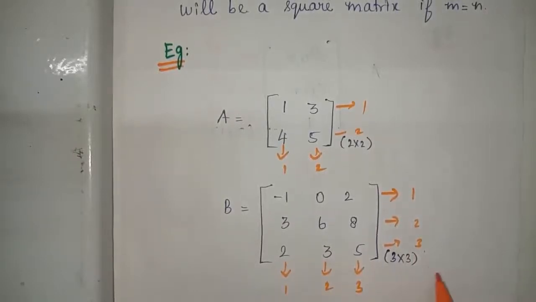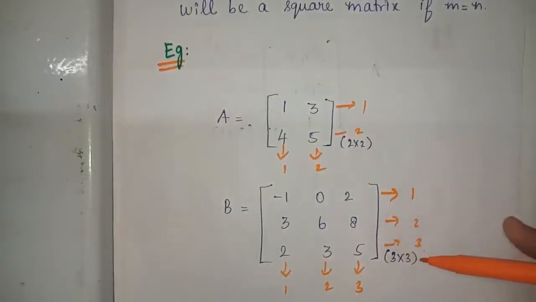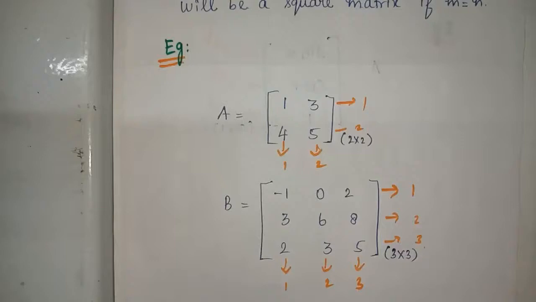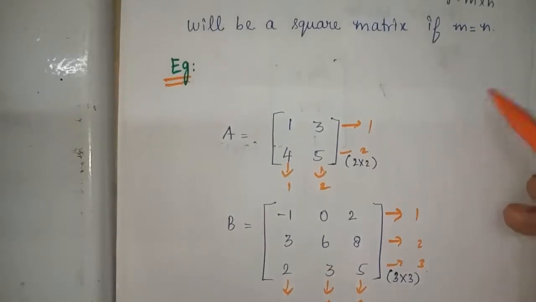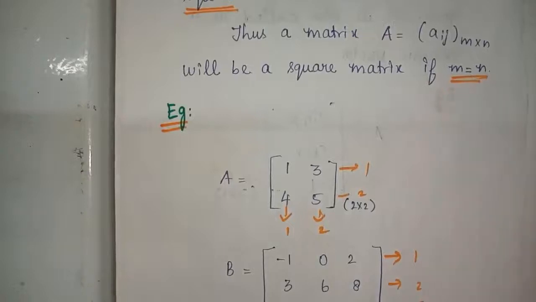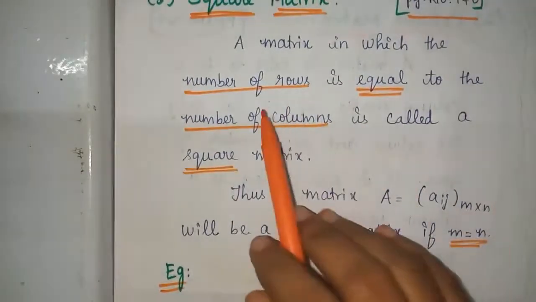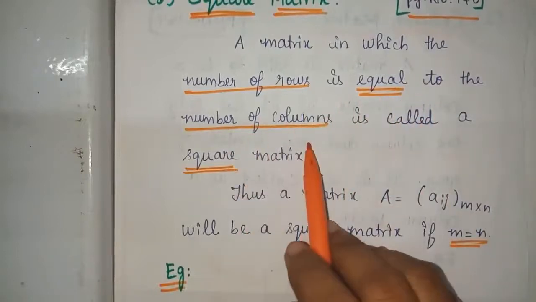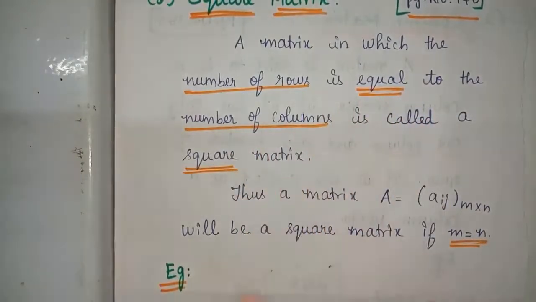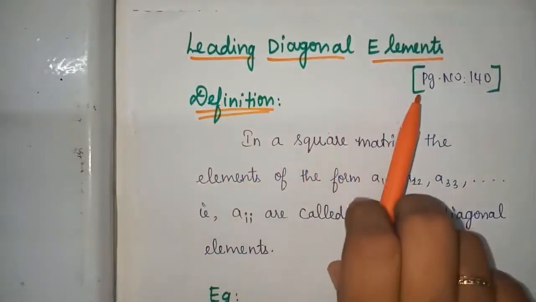So the order of the matrix is 3 cross 3. So 2 cross 2, 3 cross 3, 4 cross 4, etc. up to this represents the square matrix, that is m is equal to n. A matrix in which the number of rows is equal to the number of columns is called a square matrix.